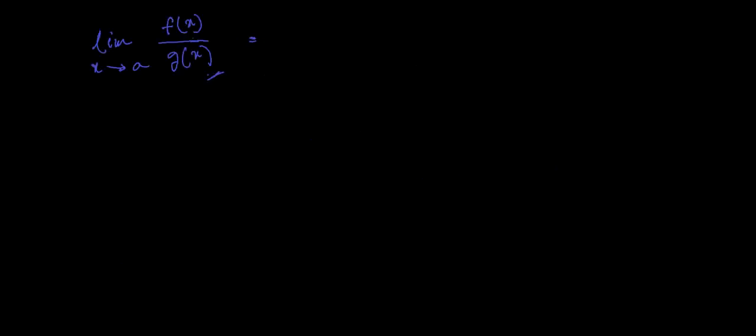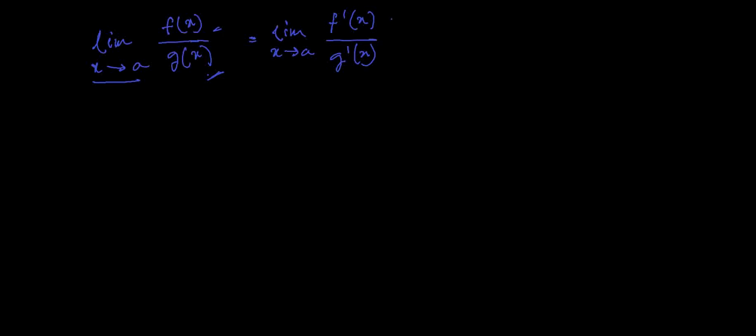L'Hopital's rule states that if you have an expression of the format f of x divided by g of x, and we have to evaluate the limit as x tends to a, the limit will be the same as f prime of x divided by g prime of x as x tends to a.